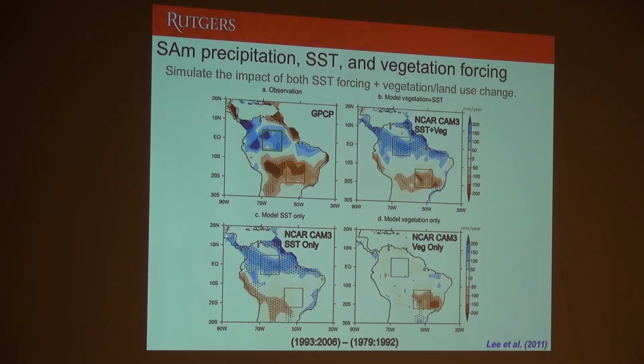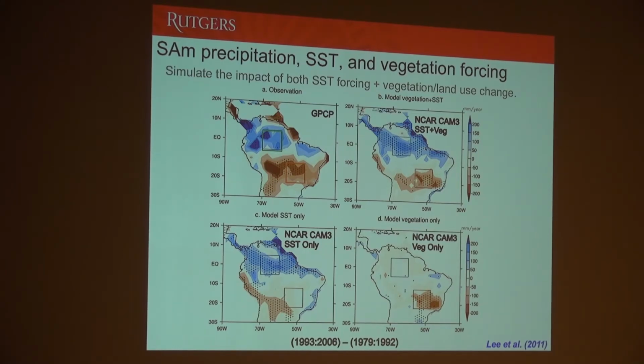And essentially what you find in the observations, and I think this is for the months of September, October, November, so it is a bit of a seasonal signal, but you see an increase in rainfall over the northern part of South America and a reduction in rainfall, or over the interior of the Amazon, an increase in rainfall, and on the more peripheral part of the Amazon, a reduction in rainfall.